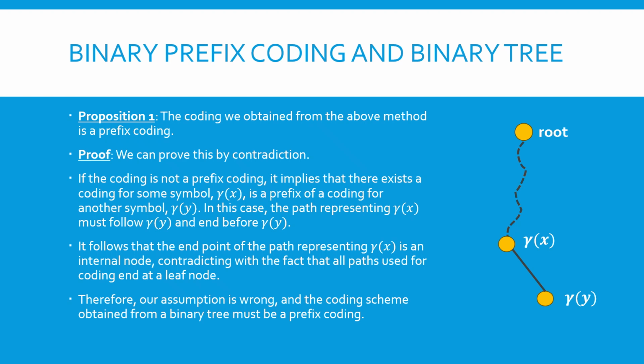This implies that the root-to-leaf path corresponding to gamma x exactly matches the initial portion of the path for gamma y and terminates earlier. Therefore, the endpoint of the path for gamma x must be an internal node of the tree. This contradicts the assumption that all code words correspond to leaf nodes. Hence, the codes derived from root-to-leaf paths in a binary tree must be prefix-free.